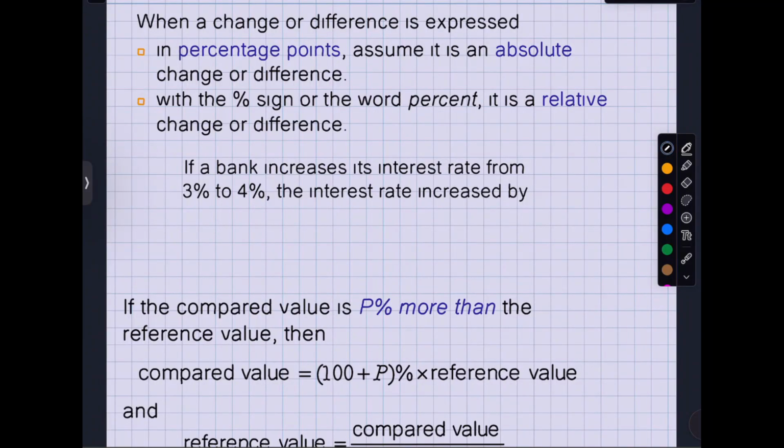If the bank increases interest rate from 3 to 4%, the interest rate increased by what? Remember, there's an absolute and a relative, right? What's absolute?